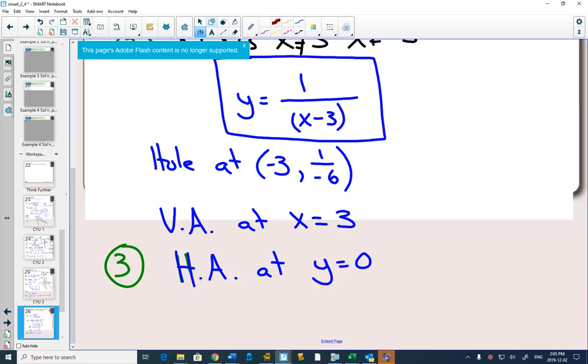Okay, so we can start off to the side. We can graph some things. We know that at 3, let's put our asymptotes in here.